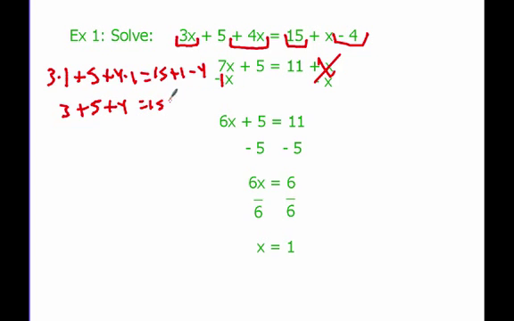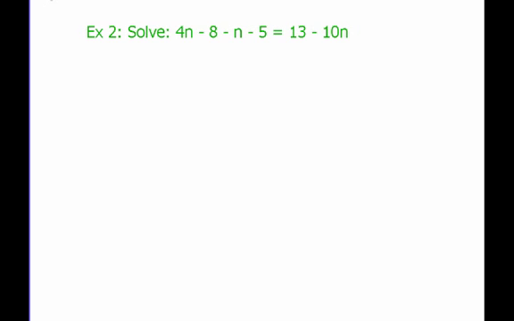Then over here, 15 plus 1 minus 4. 3 plus 5 is 8. 8 plus 4 is 12. 15 plus 1 is 16. Minus 4 is also 12. They equal each other, so I am correct. x equals 1. So all we're doing is adding a step at the beginning where we combine our like terms on both sides. Let's go ahead and take a look at another one.